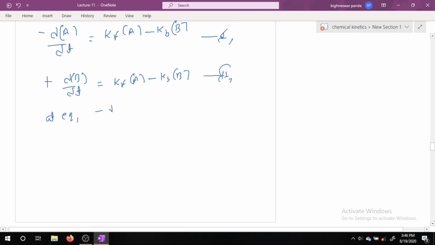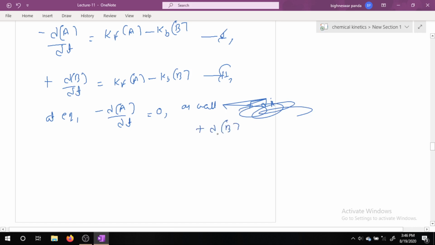At equilibrium, dA by dt equals 0. At equilibrium, minus dA by dt equal to 0, as well as plus dB by dt equal to 0.